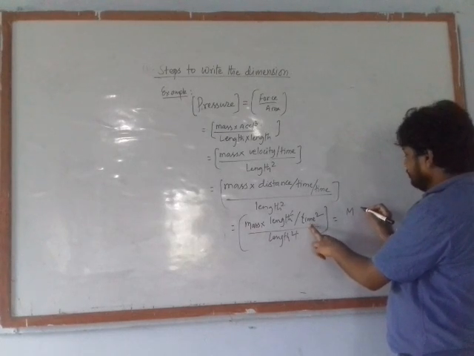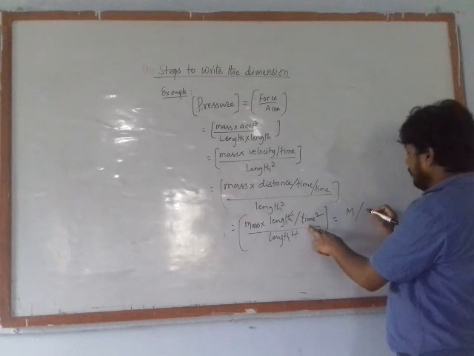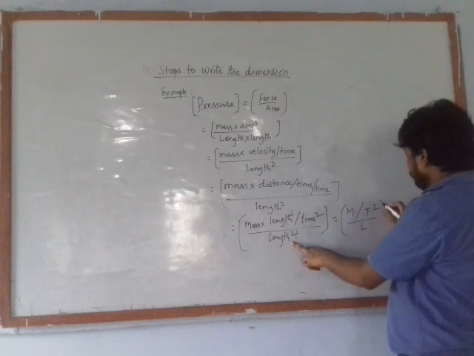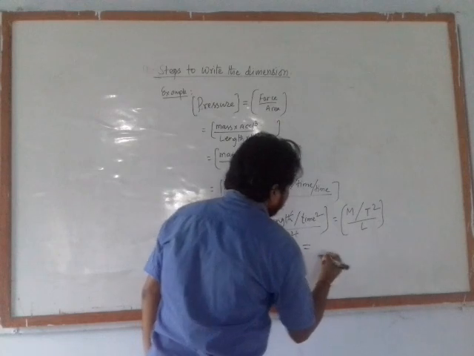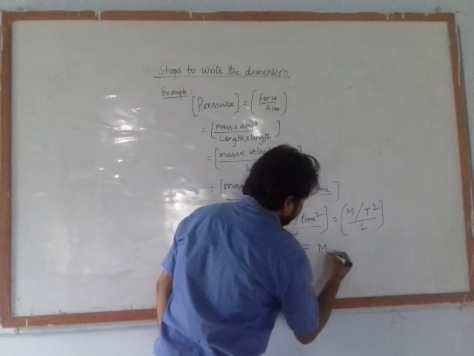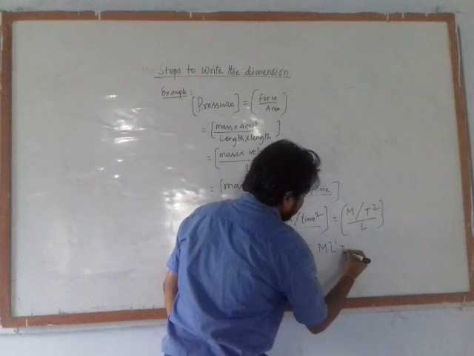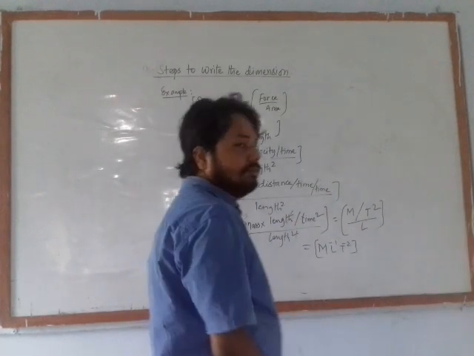So it will be m by t square divided by L, which is m L minus 1 t to the power minus 2. So the final dimension is M L minus 1 T to the power minus 2. This is the dimension of pressure.